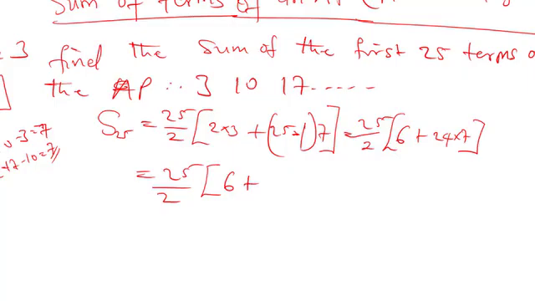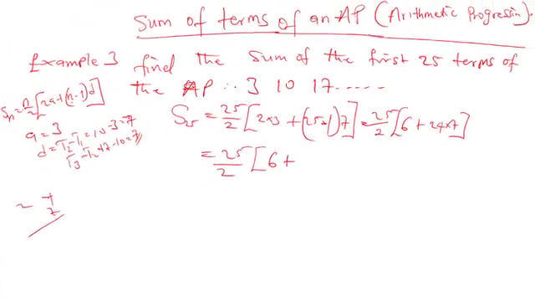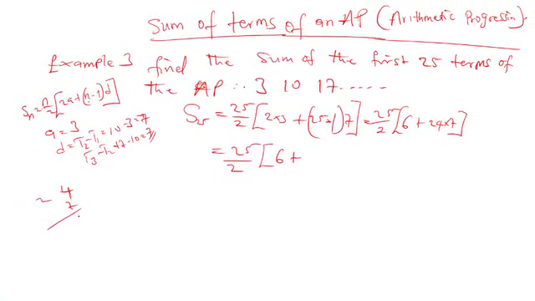Let's do it: 24 times 7. 7 times 4 is 28. 7 times 2 is 14, so we now have a total of 168.